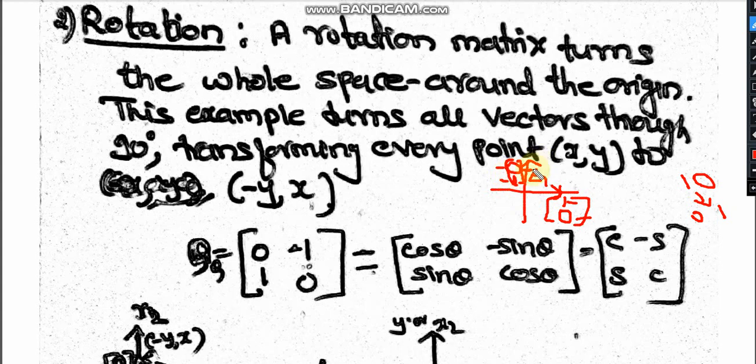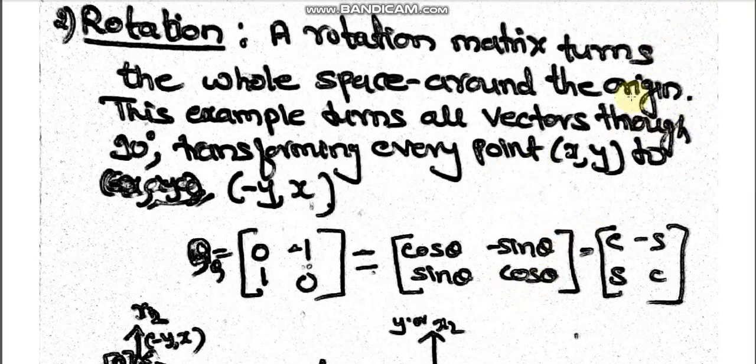Now another vector, the same vector which was lying on x, y, now the value is 0, 1.